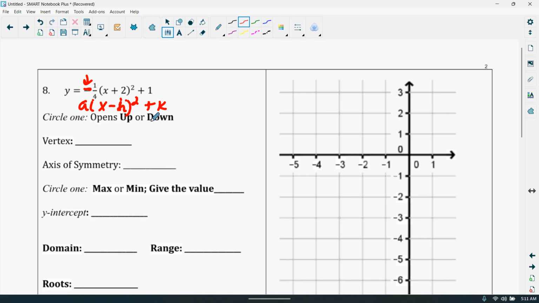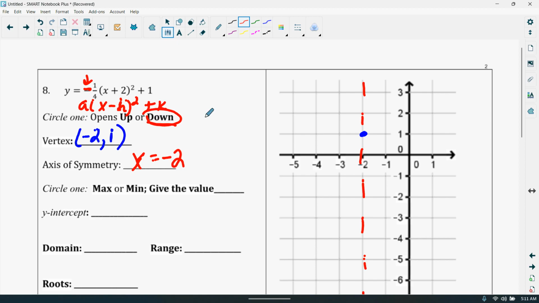Then I'm just going to pull out the vertex. Do the opposite of the h, so that means -2. Keep the k, that's 1. So I can put that there. I can see my axis of symmetry is going to go through that point, so this would be x equals -2.